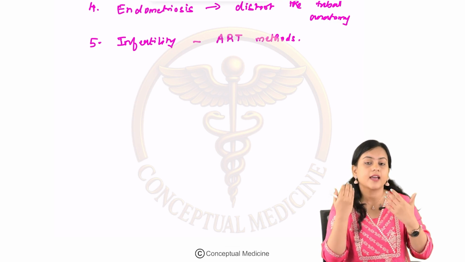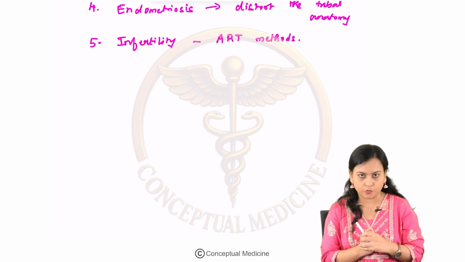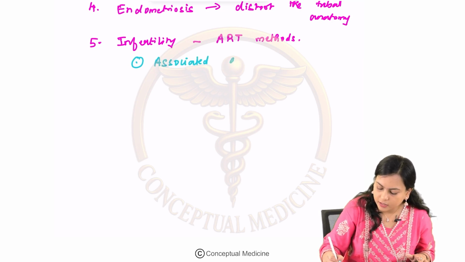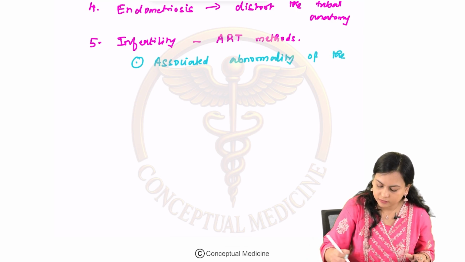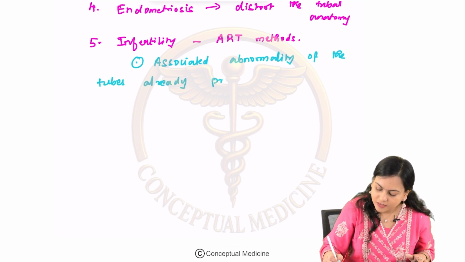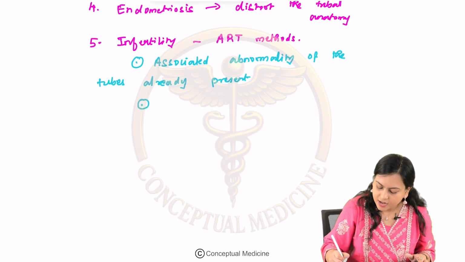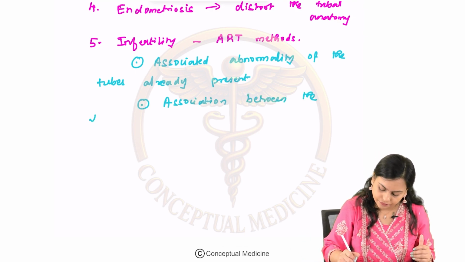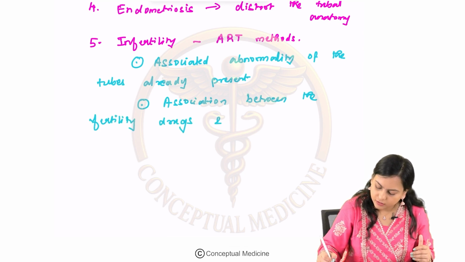Immotility, or it can at least affect the normal motility of the tubes. Clear? So there are two reasons for this. Number one, associated abnormality of the tubes already present. And there is an association between the fertility drugs and ectopic pregnancy.